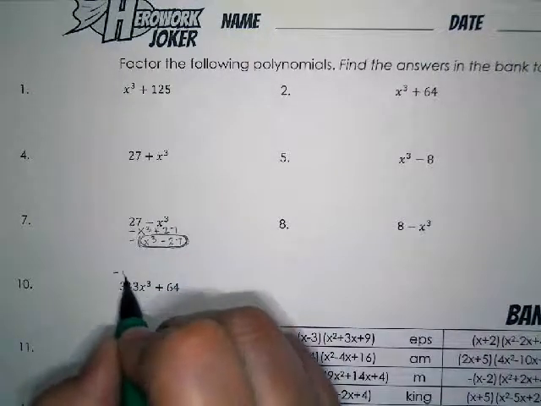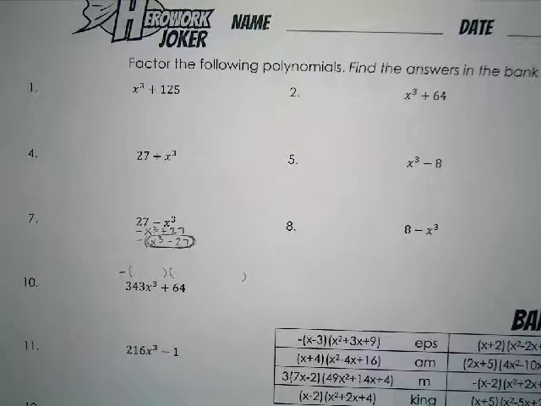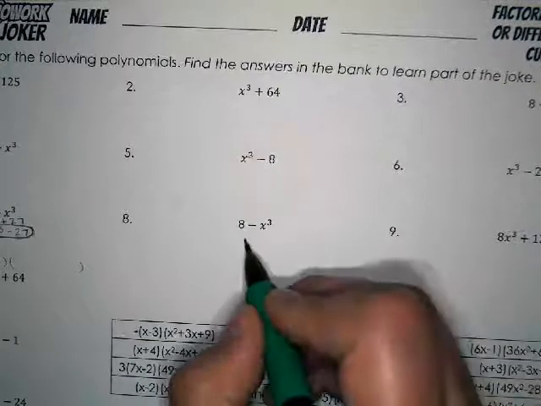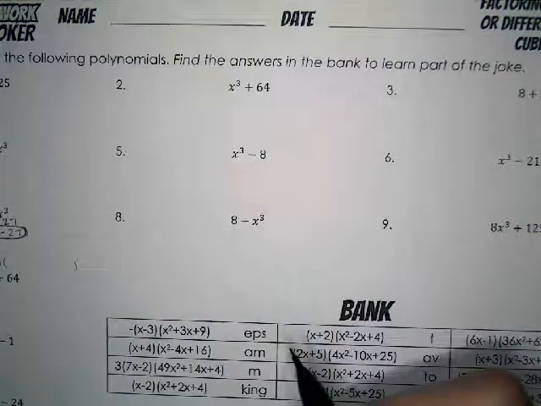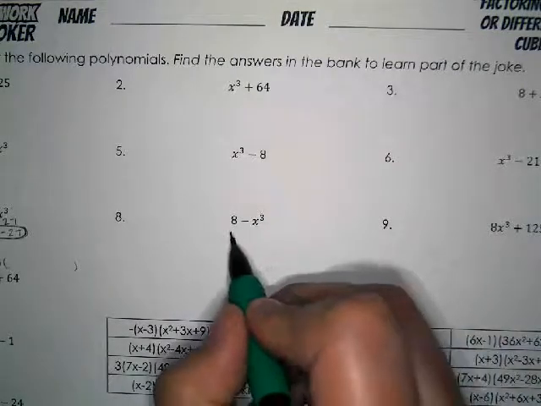You guys see any more problems that are going to be weird? Number 8 is going to be weird. Okay, so what are we going to rewrite for that? And then what do we do?